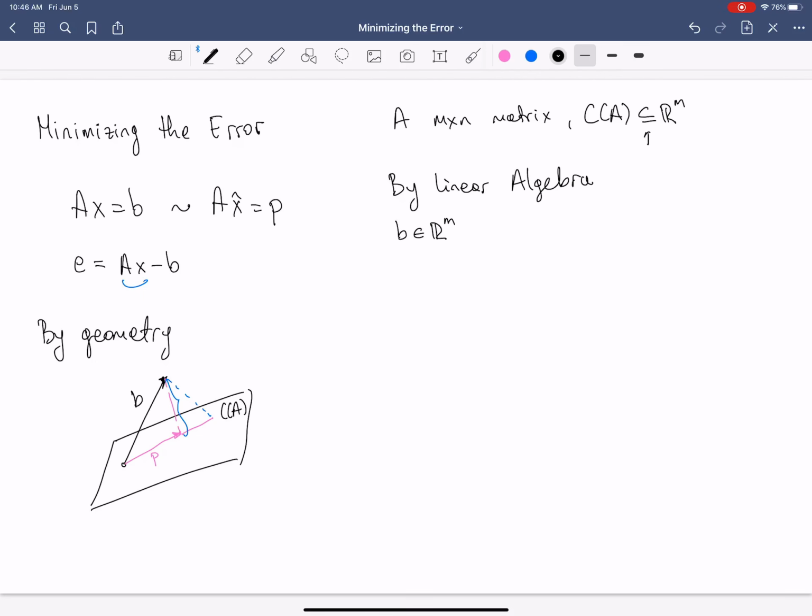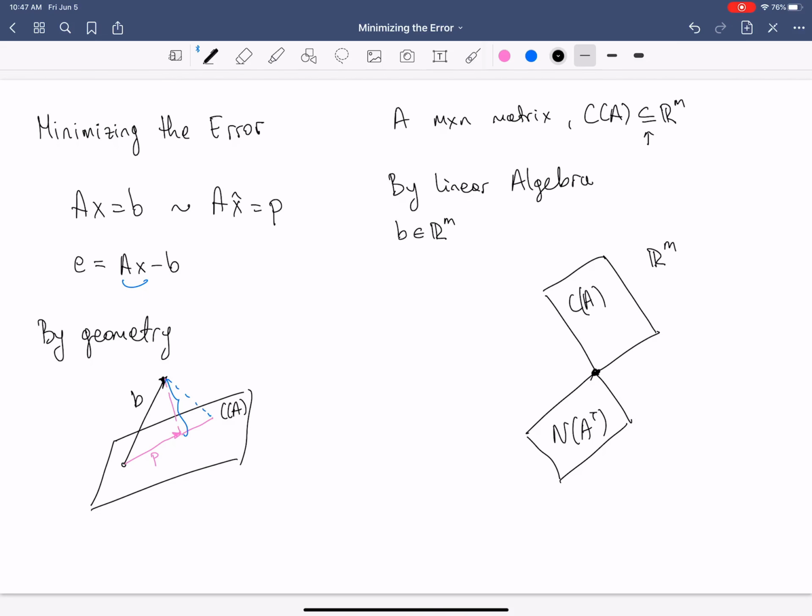I use this symbol to say it's a subspace. By linear algebra, b is in Rm, and we know that b splits into two vectors, one in the column space of A and another one in the left null space of A. We know that from the fundamental theorem of linear algebra.